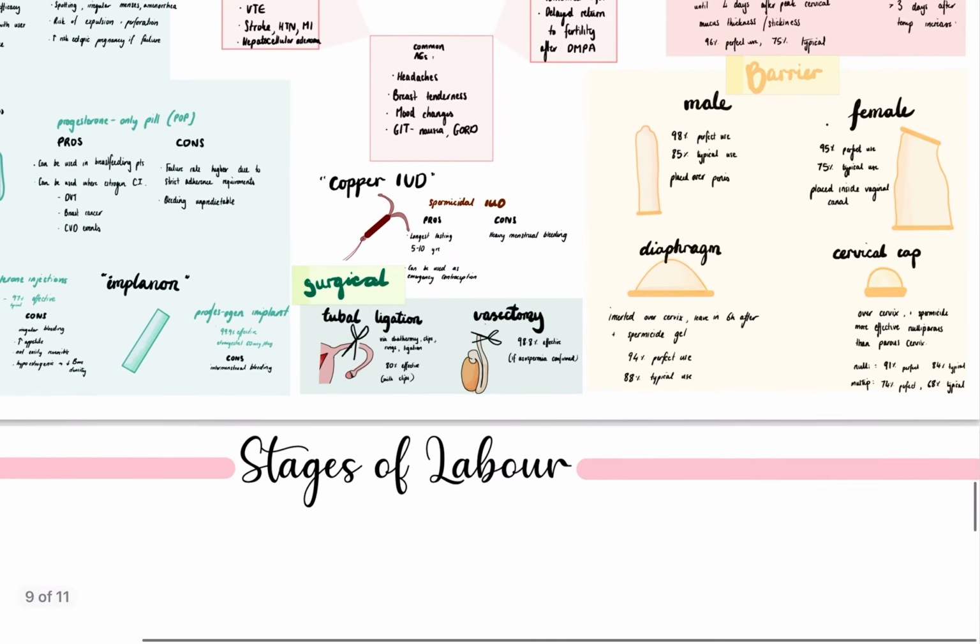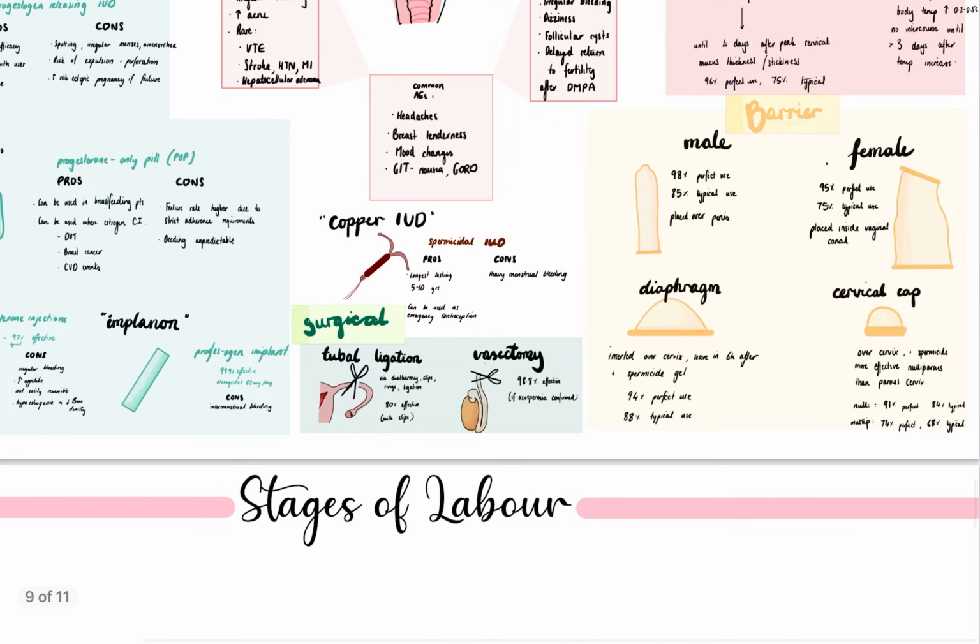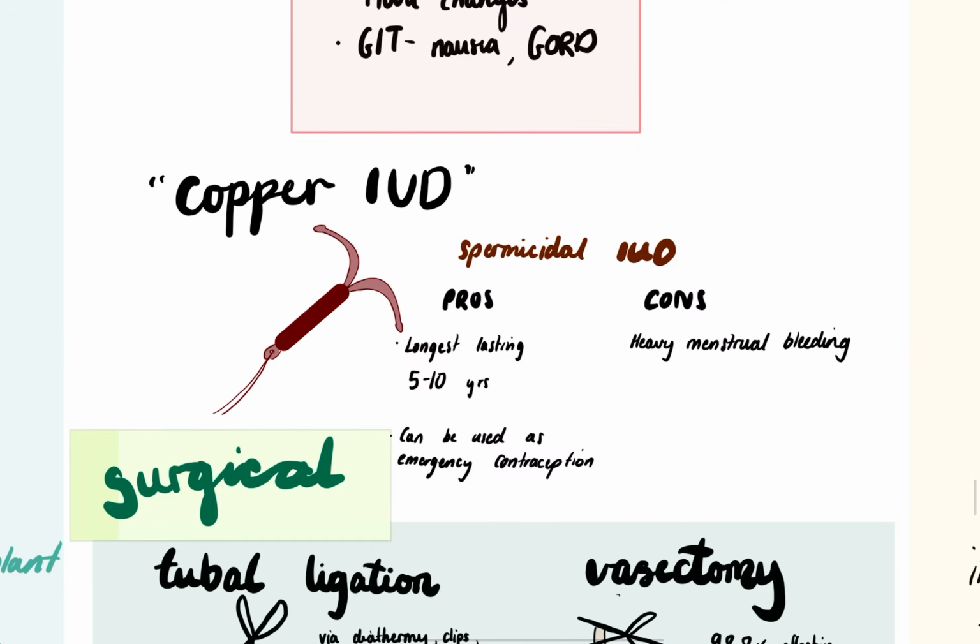Now moving on to barrier methods of contraception. Actually, I'll just quickly mention this little guy here. The copper IUD is also another choice for intrauterine device. The way that this works is that you have your plastic intrauterine device covered in copper, which is naturally inflammatory and thus creates a really hostile uterine environment, not only for implantation, but also for any sperm. So this is the longest lasting non-hormonal contraception, actually longest lasting contraception in general.